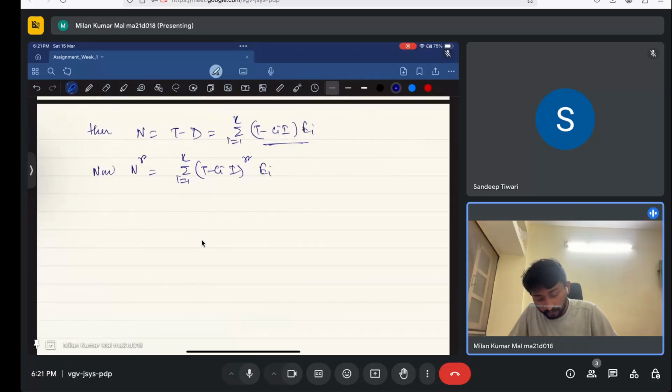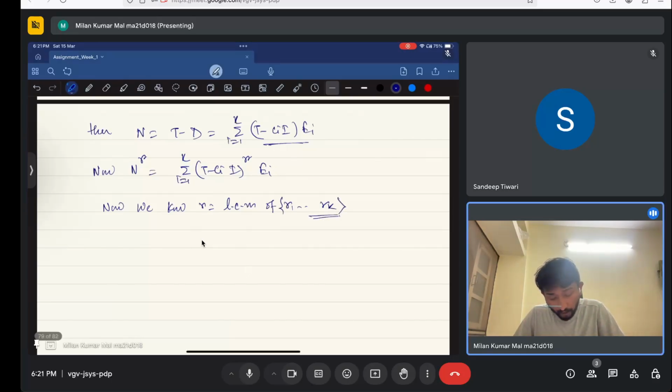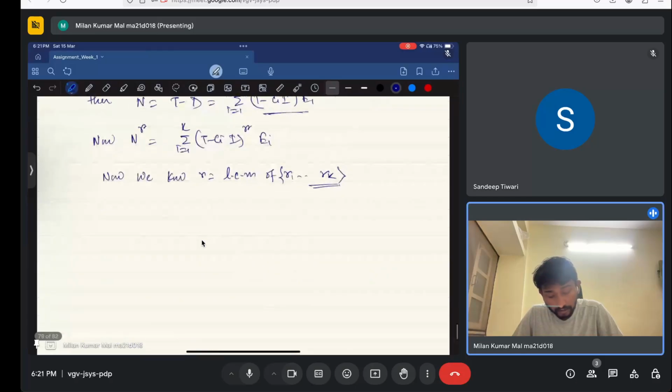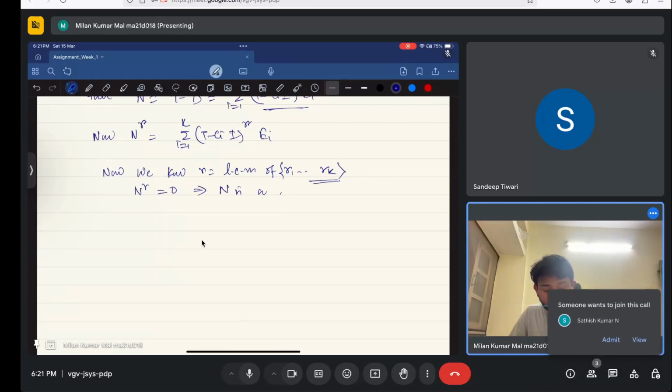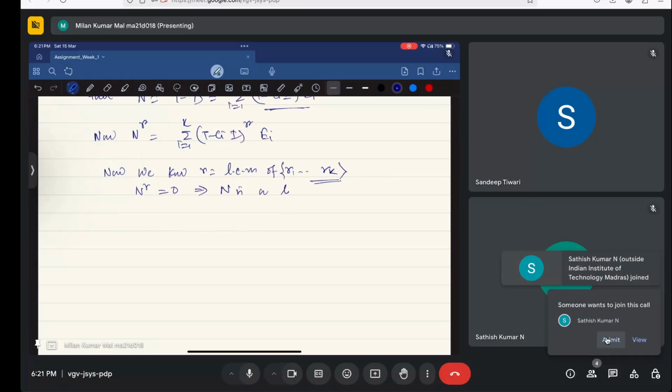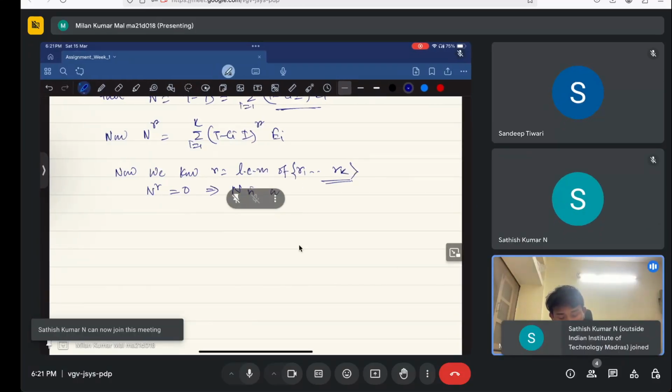Now, if we take r equal to the LCM of r1 all the way to rk, where r1, r2, ..., rk are the powers of p1, p2, ..., pk, then N to the power r will be 0. That implies N is a nilpotent operator.